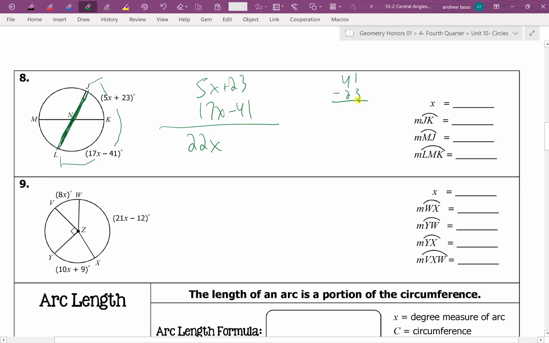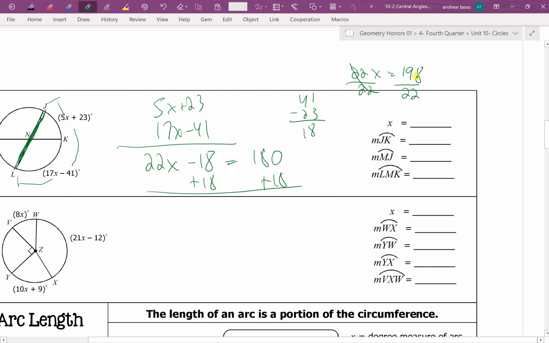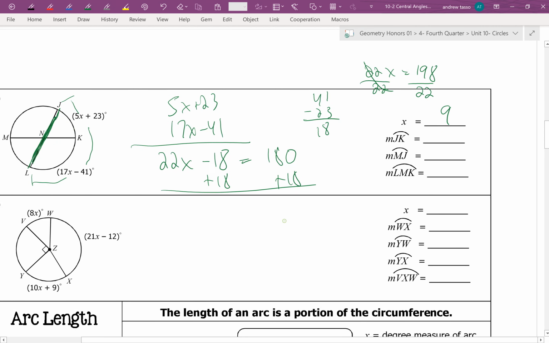So if I just combine these values, that would give me, I think, negative 18. And so when you combine those, it has to equal 180 degrees. So if we add 18, we get 198, right? So 22x is equal to 198, and then divide by 22. So let's see, if we divide this by 11, that's equal to 18, and then divide by 2 is equal to 9. So x equals 9.